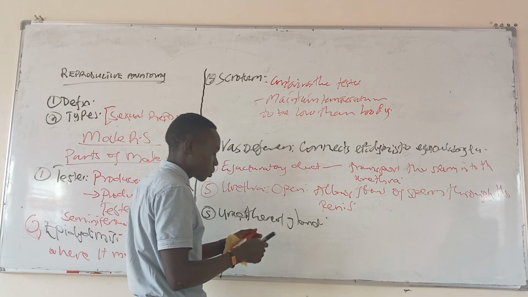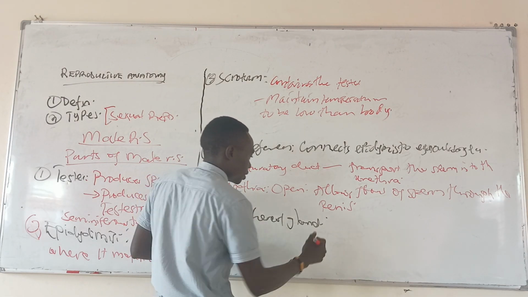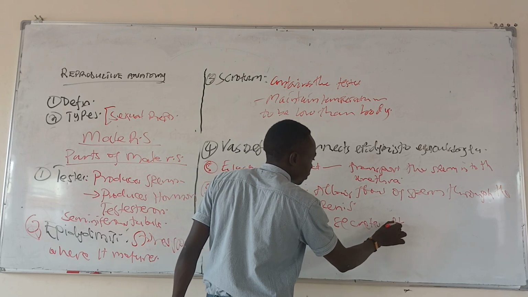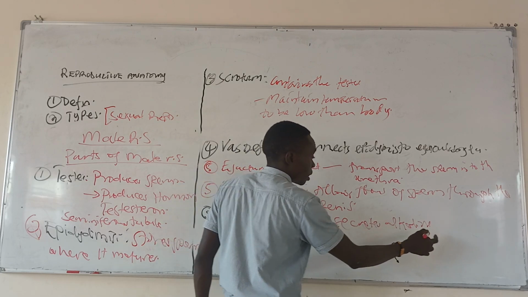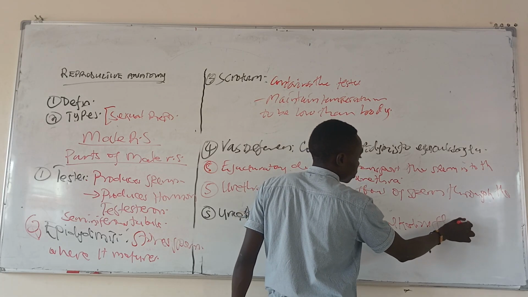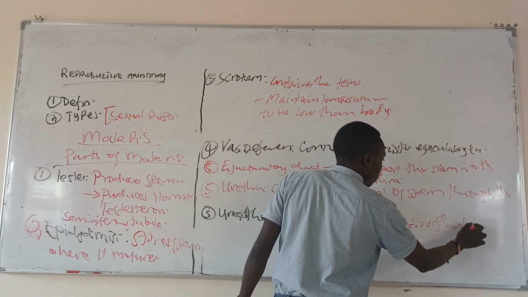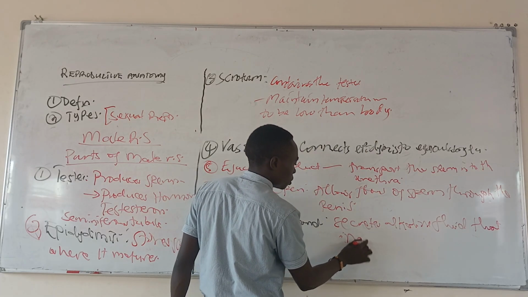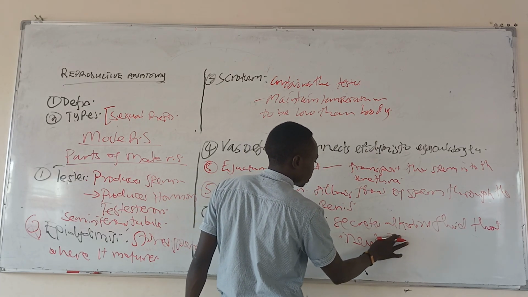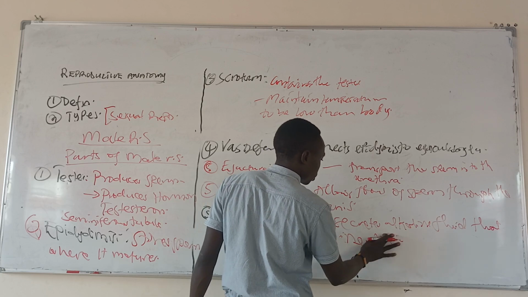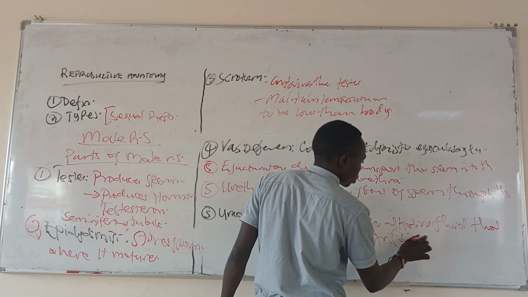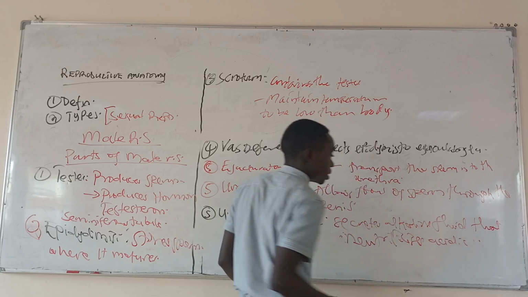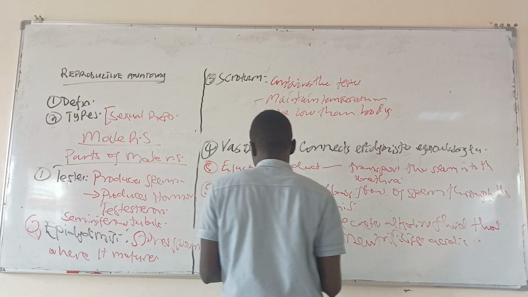This one secretes alkaline fluid that neutralizes the acidity, that is, the acidic remnant of the urine in the urethra.